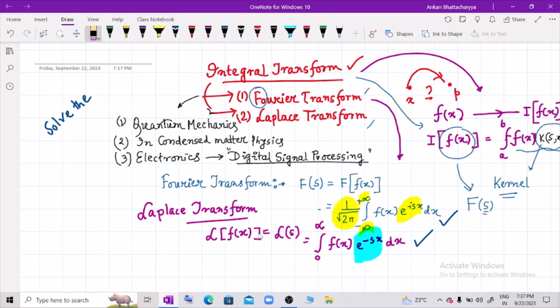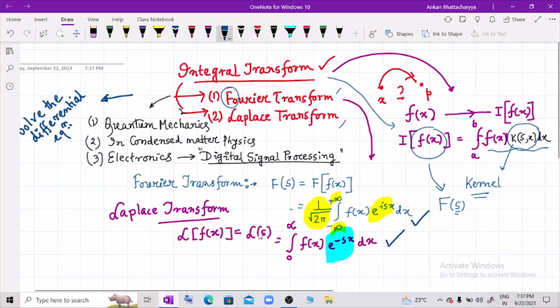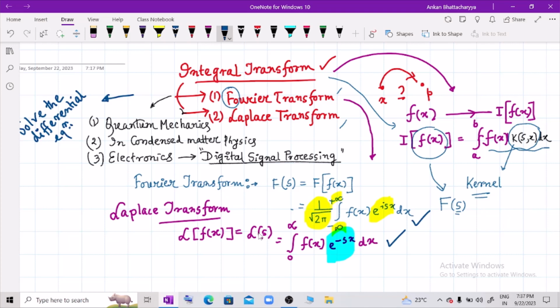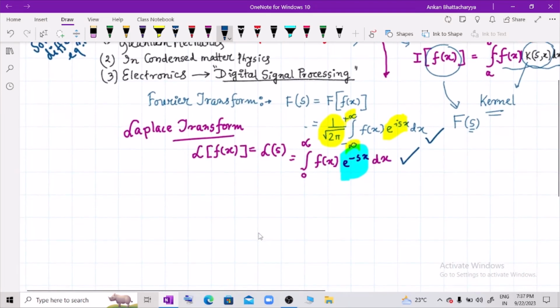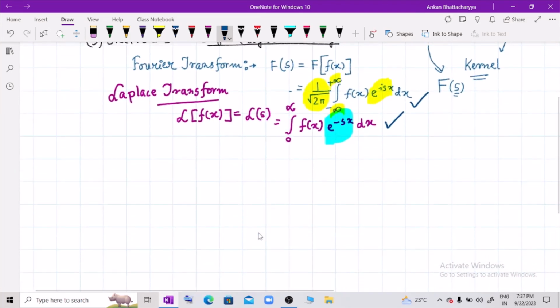Okay, to solve the differential equation. This is another more important application of these integral transforms. Now let us move on. So we will discuss in detail the Fourier transform.